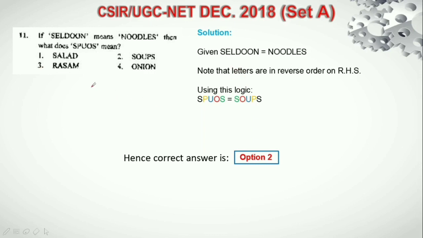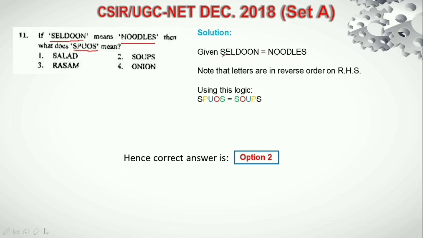Question number 11. If this word means noodles, then we have to tell what will be the meaning of this given word. Firstly, we see that the given word and its meaning has a relation.